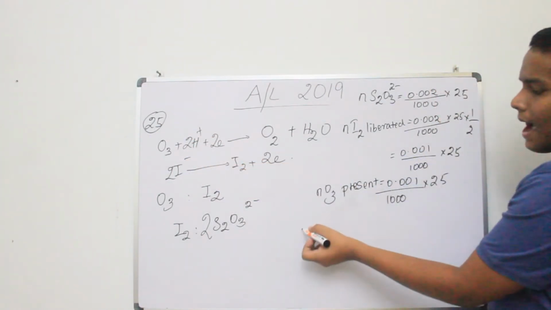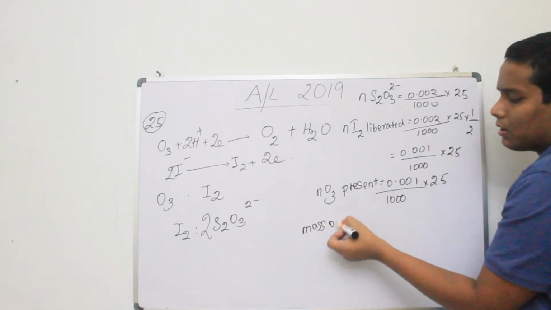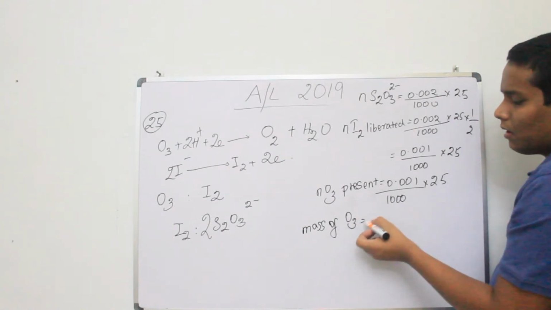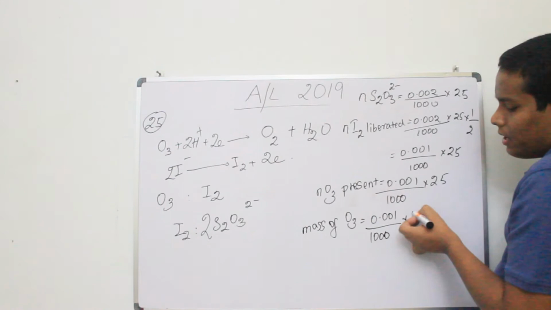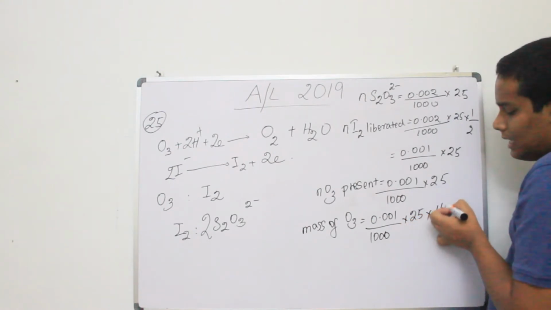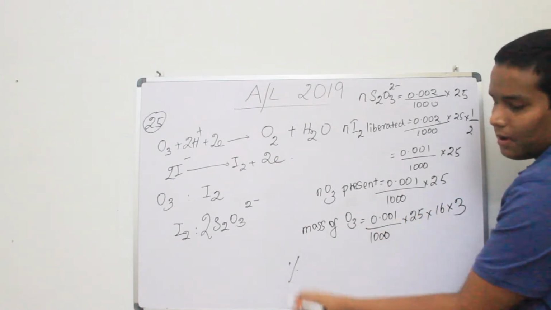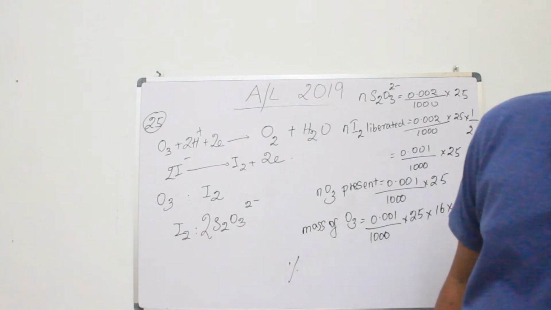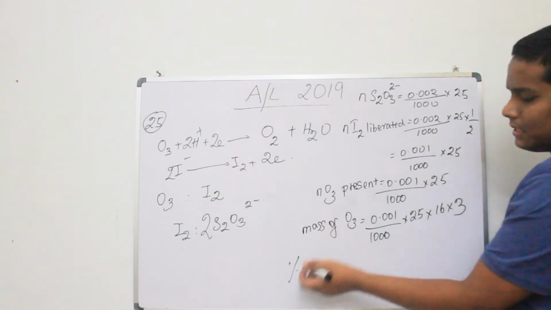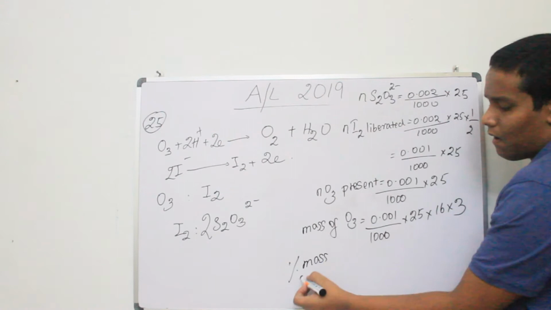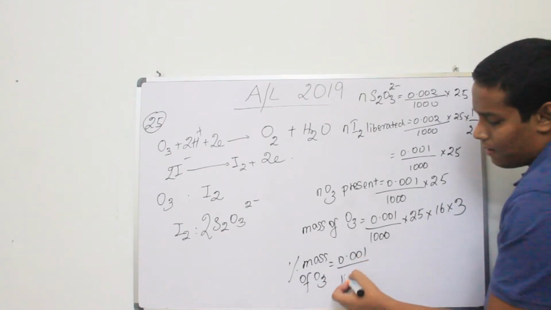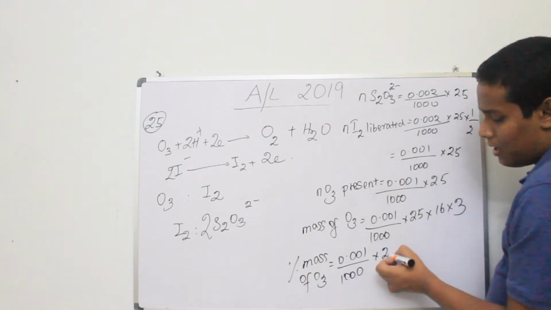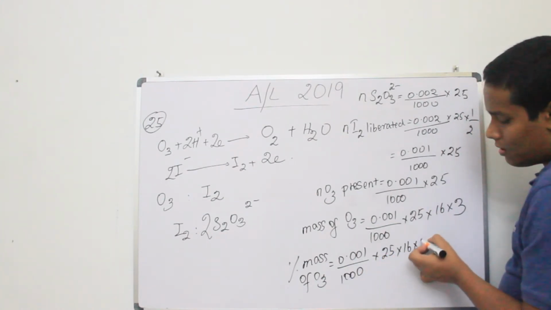Then mass of O3 is 0.001 over 1000 into 25 into 16 into 3. The question is asking for the percentage mass of O3, equal to 0.001 divided by 1000 into 25 into 16 into 3.